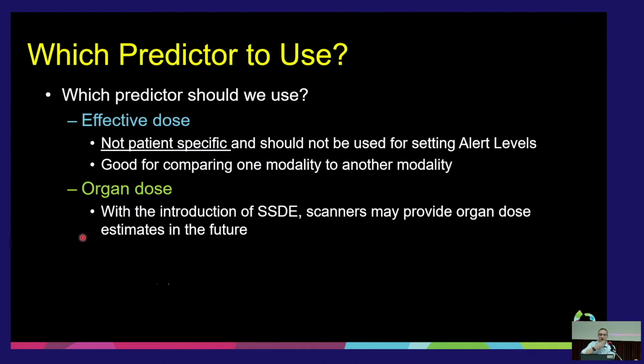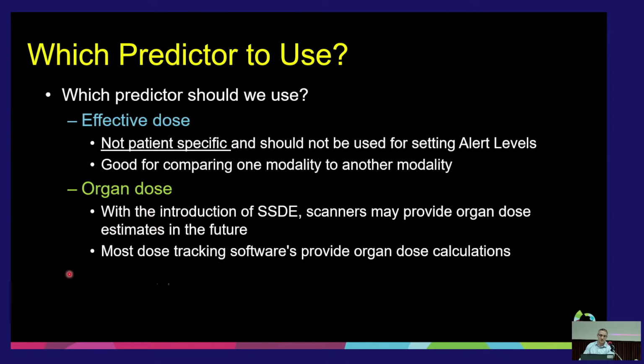I'll usually run a couple of simulations using the Monte Carlo software just to see how it affects the doses across various different organs. So you don't necessarily use organ doses for dose registry. We're never going to be sending those up to ACR to do any kind of DRL settings. We just don't use organ doses for DRLs. But when you look at optimization, organ doses are really good. And so it's important to ask to make sure that they can do that.